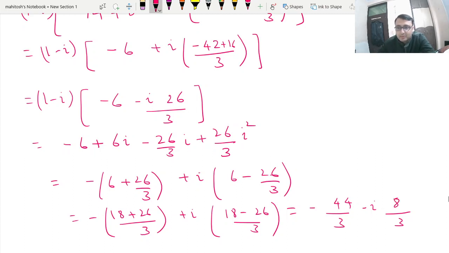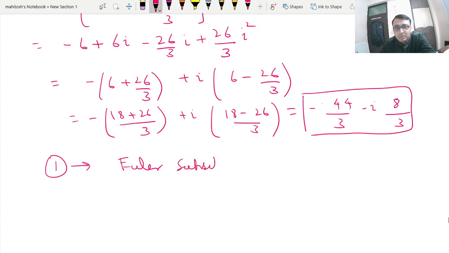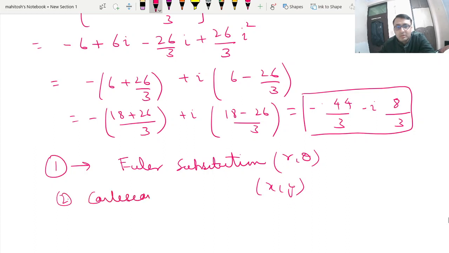So in both the cases we saw the answer is the same. The only difference is in the first step: in the first method we used Euler substitution, where we wrote in polar form, r theta format, and here we were writing in Cartesian form, or complex plane or Argand plane, as x plus iy.